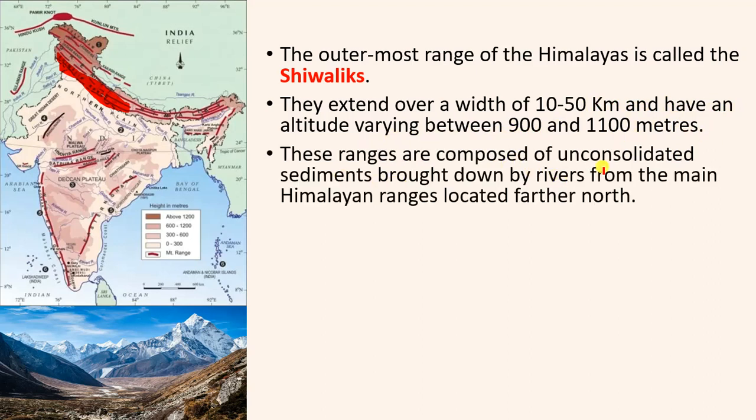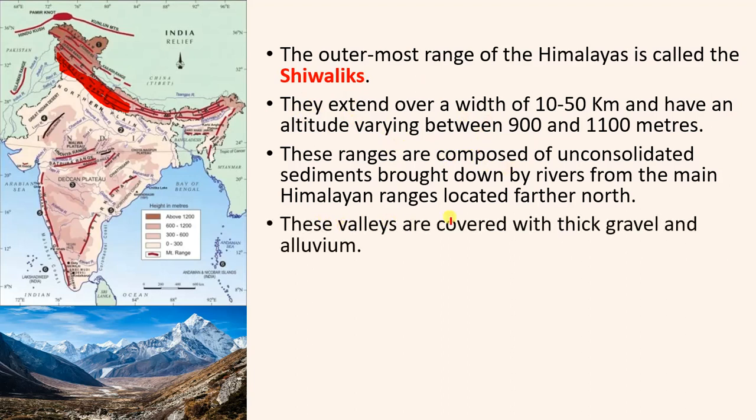These ranges are composed of unconsolidated sediments brought down by rivers from the main Himalayan range located further north. Means when the rivers descend from the higher altitude region, they carry rock parts and sediments, and these are seen in the Shivalik ranges.